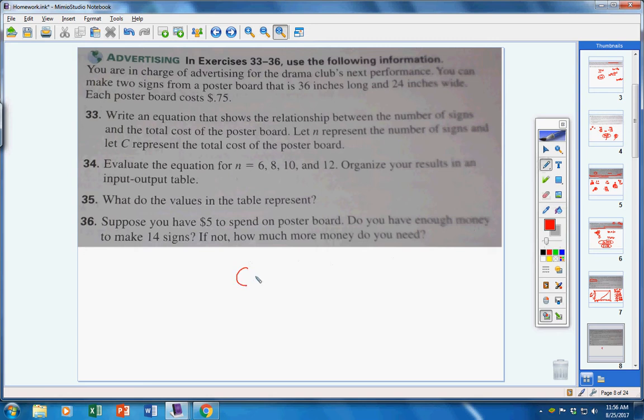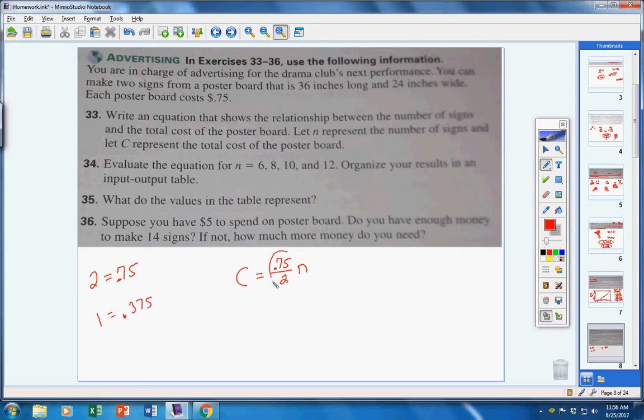So my cost equals, now think about this, if 2 posters cost 75 cents, then 1 poster costs 75 divided by 2, which would actually be 0.375.